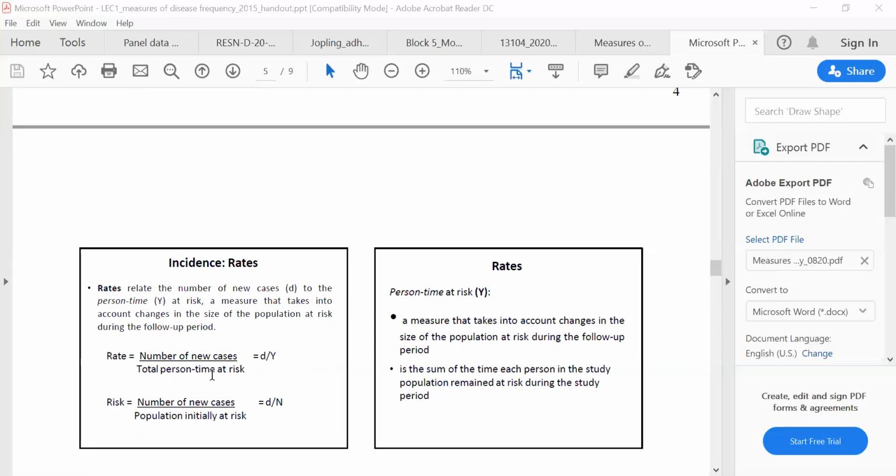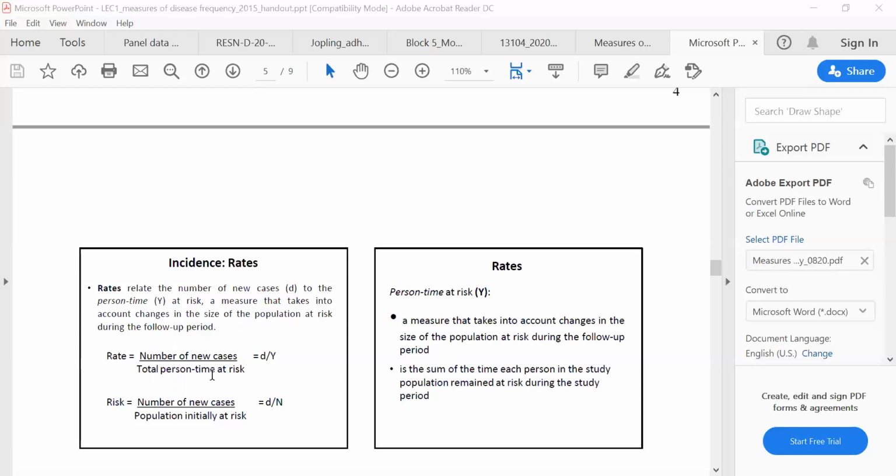Remember, as I said, during a time period the population at risk will always change. Some people will die, some people will develop the disease, some people will migrate, or other new people come into the population. So the rate takes into account the fact that the population is dynamic, not fixed.